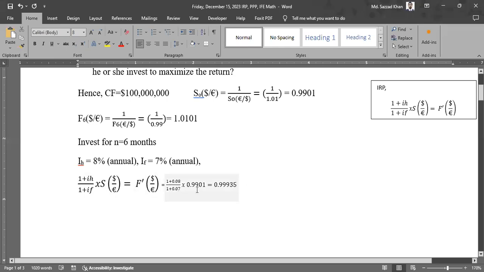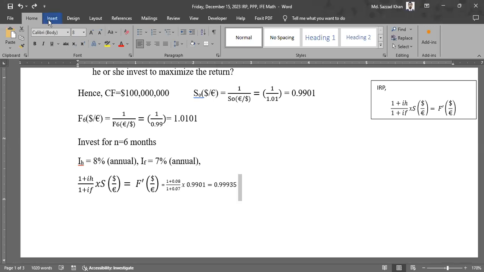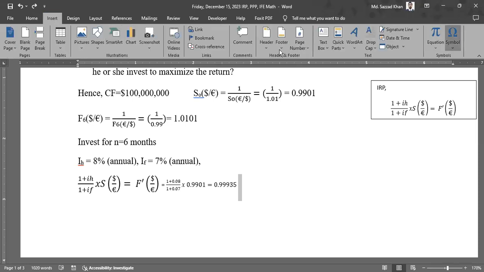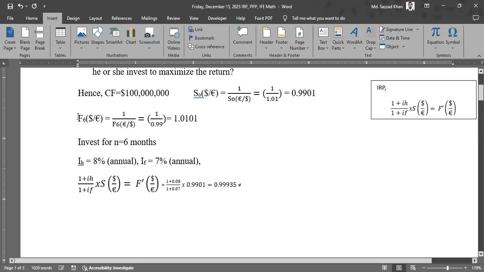So this efficient forward rate is not equal to this forward rate.